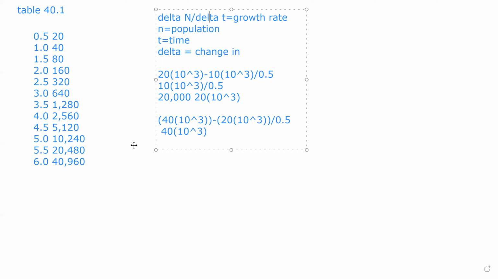So you might notice that they start out quite similar, but when you get to the 2-hour mark, the pattern is broken. So just keep aware of that, that when you are filling in table 40.2, you want to use the data that's actually in that same table.